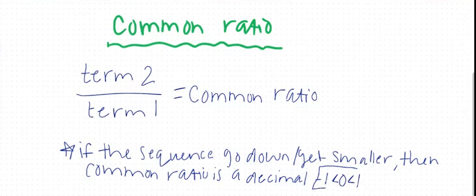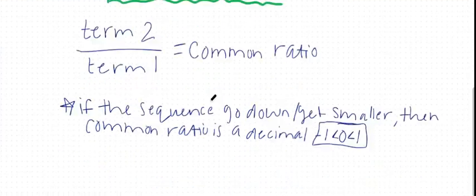So what this means is it's a decimal that is greater than -1 and less than 1. So if the sequence is going down, you're going to get a decimal that starts with a 0 in front of it. 0.1, 0.2, 0.3, whatever it may be, it's going to start with a 0. So that is our common ratio.